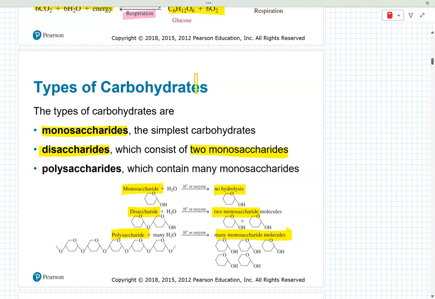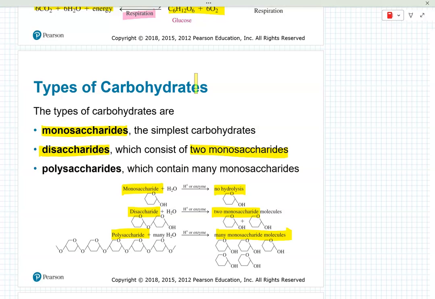An example would be, listen, a monosaccharide such as glucose is the simplest one. You can expose it to an acid all you want, nothing's going to happen to glucose. An example of disaccharide is sucrose. When you consume sucrose, acid in the stomach and enzymes in the intestines break down sucrose into individual monosaccharides, glucose and fructose.